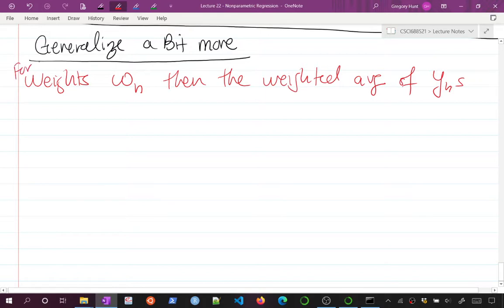let's say for weights Wn, the weighted Yn's, let's say Y bar W, one way you could define it is one over the sum of the weights times the sum of Yn times Wn.